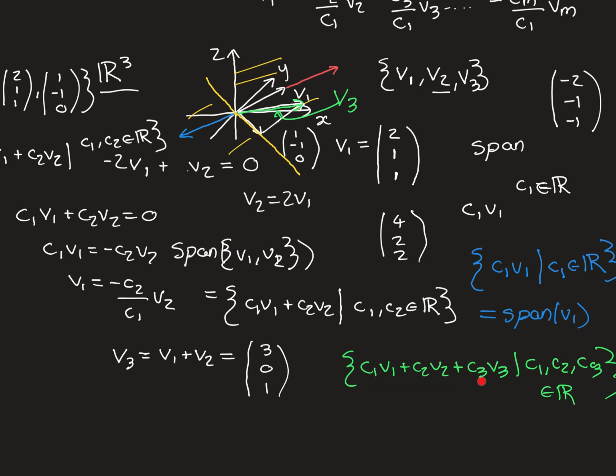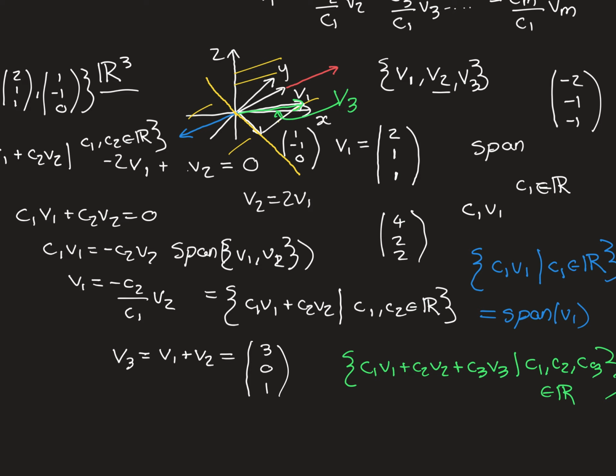And then if you think about what all linear multiples of v3 look like, that's a line that is actually going to be inside the plane. So adding on to any point inside this plane a linear multiple of v3 is still going to keep it in the plane, because this line is within the plane itself, so you'll just be moving your point inside the plane.